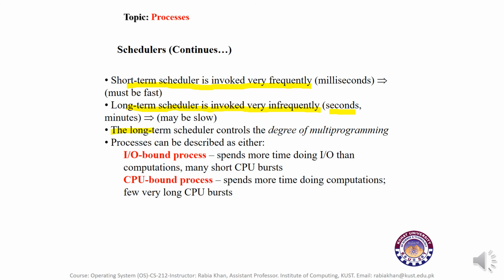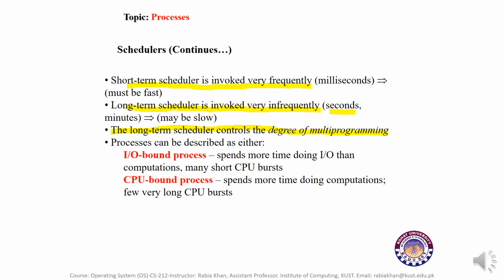But the important point is that the long-term scheduler controls the degree of multiprogramming. Degree of multiprogramming means how many processes should be stored in RAM at the same time. If the long-term scheduler wants, it can allow you to open more than one application at the same time and store them in RAM.